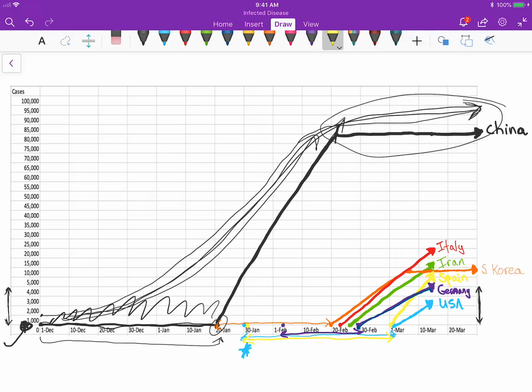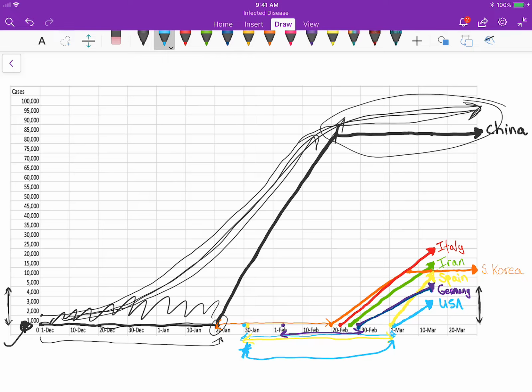So one thing to note is that you can tell by the amount of lag time before we see this giant spike in reported cases, I feel like that is a good indicator as to where this might go or where we're at today.